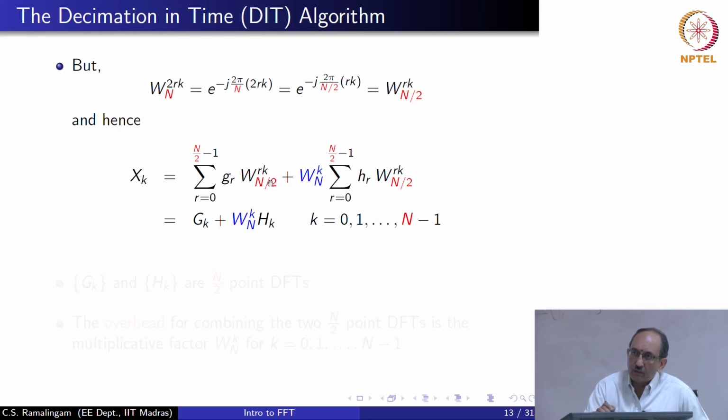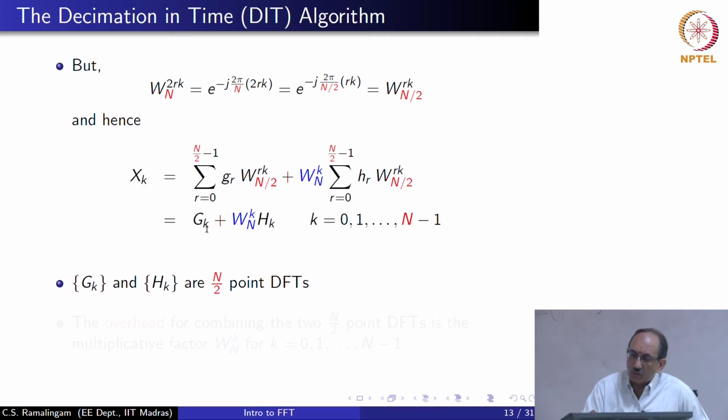So these are valid DFTs by themselves, and to get the final transform you need to add these individual DFTs, and this is an extra term that is present, and k goes from 0 to n minus 1 because that is what the original index k went from. But remember, G k and H k are n by 2 point DFTs. An n by 2 point DFT is periodic with period n by 2.